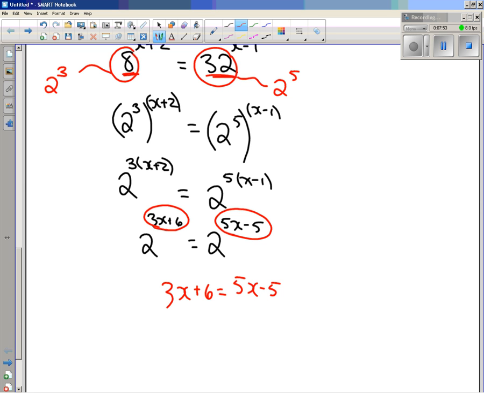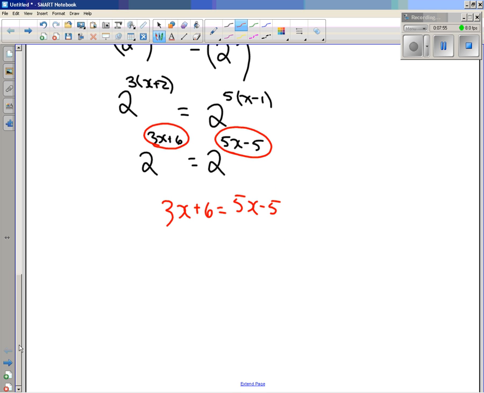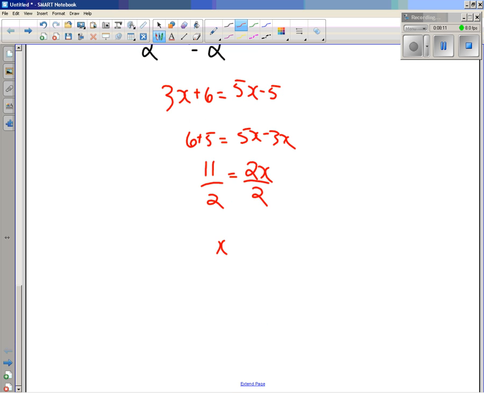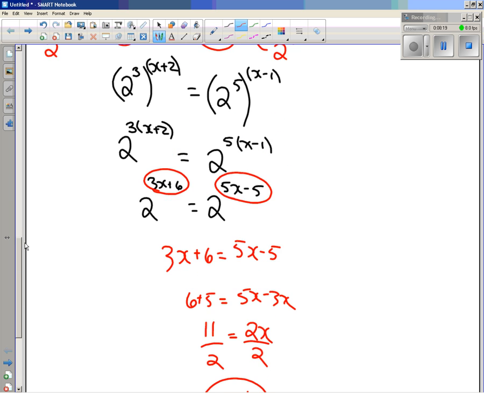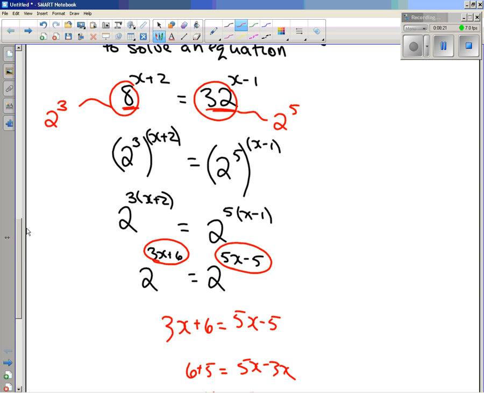Okay, we can bring those over. We will get 6 plus 5 equals 5x minus 3x. 5x minus 3x is 2x equals 11. Divide by 2, and we can leave that x equals 11 halves. Okay, that's a value for x that makes our original statement true.